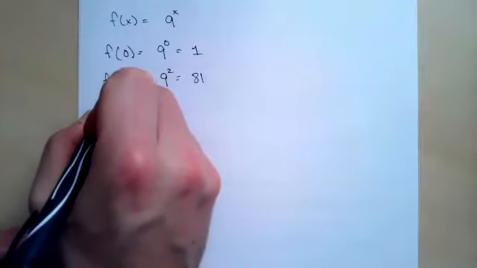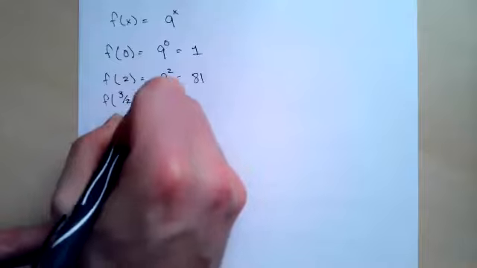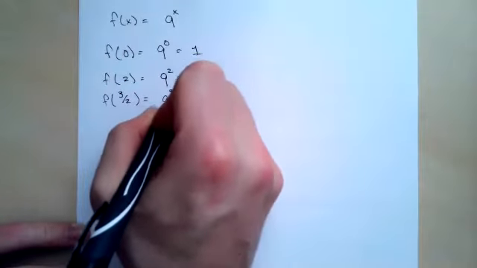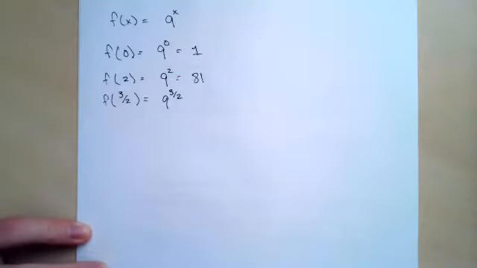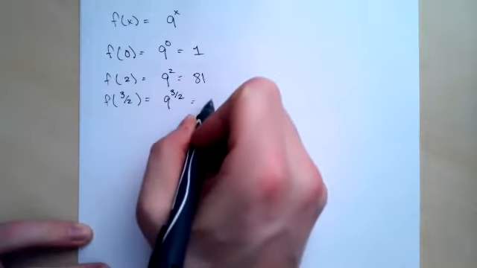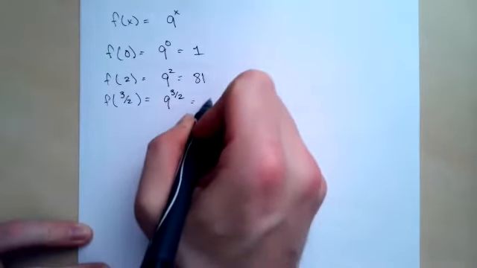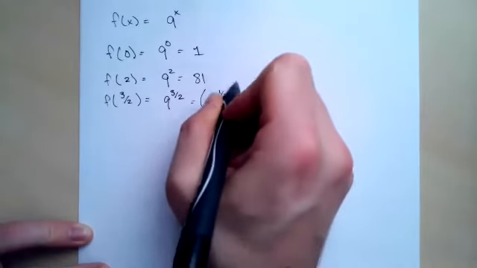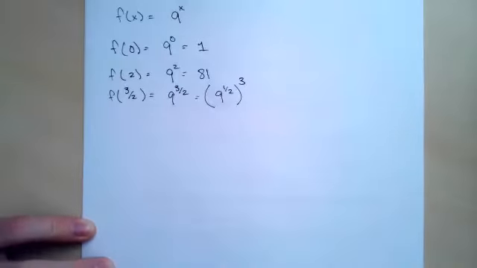We can do things like f of 3 halves. Now I have 9 to the 3 halves. This is a fractional exponent. How do we deal with fractional exponents? I always recommend dealing with the denominator first, dealing with the root first, because that'll make things smaller. So if we were writing out the steps, I write it 9 to the 1/2, cubed is what this means.